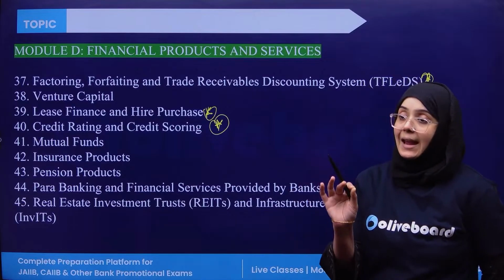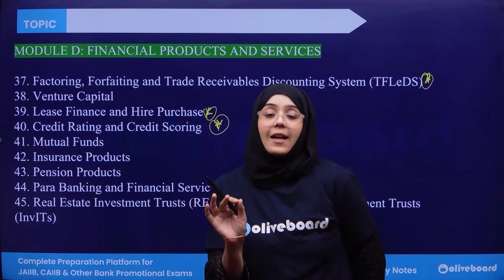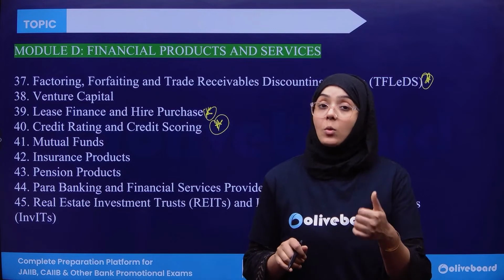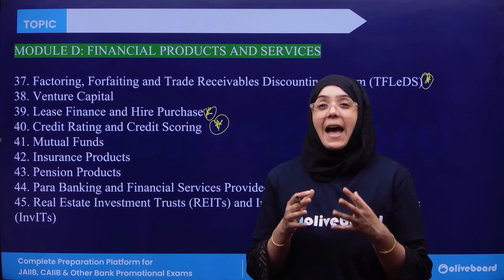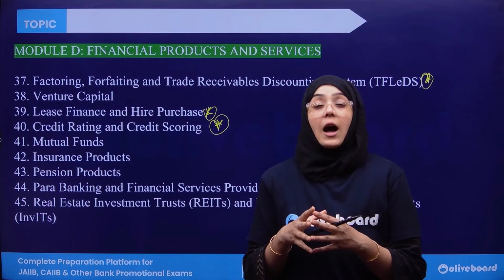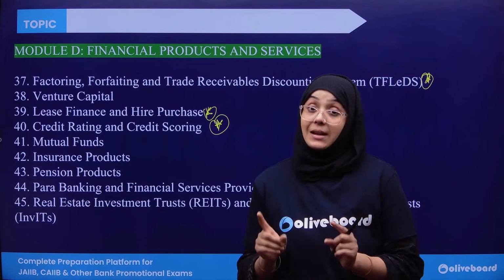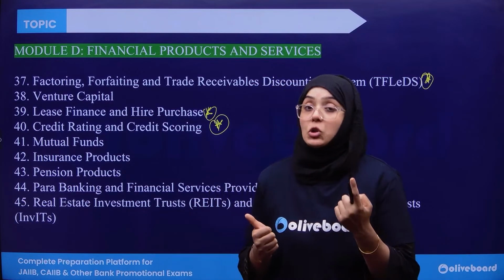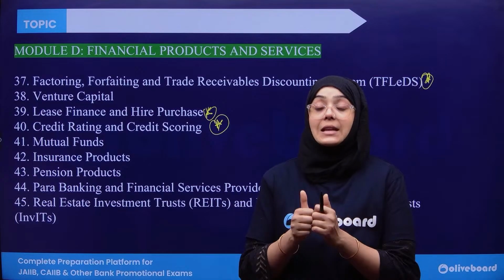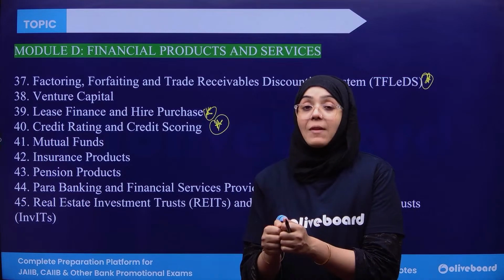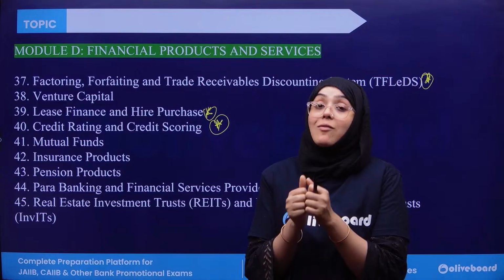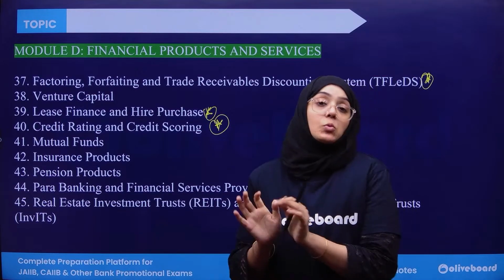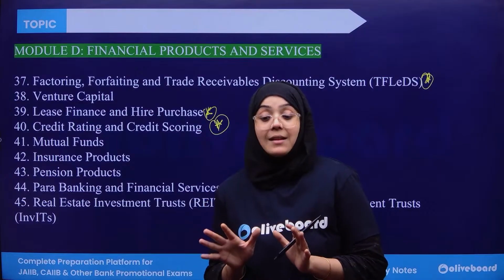So modules A and C, these are very easy and very scoring as well. Modules A and C. Okay, you don't have to do a lot in modules A and C. But yes, if we are talking about module D and module E, you have to dedicate a lot of time, as well as a lot of effort for understanding module B and module D. Okay, so this was the syllabus.